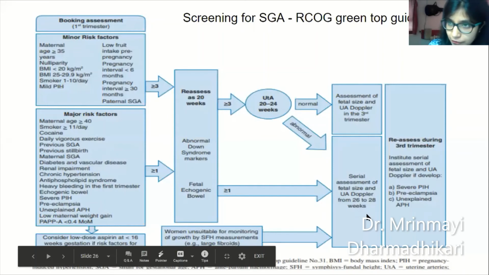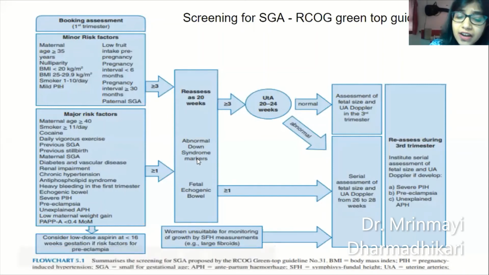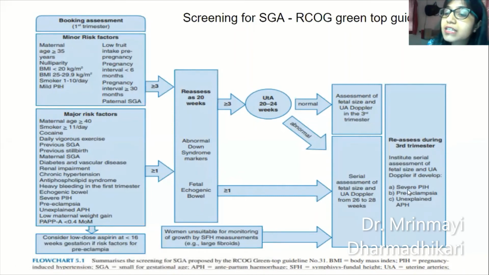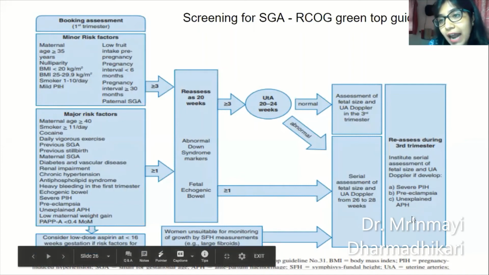Other risk factors include abnormal Down syndrome markers, that is the soft markers for Down syndrome, or fetal echogenic bowel. If these are also present, early surveillance should be started at 26 to 28 weeks. And then in the 3rd trimester, reassessment, especially in cases of severe PIH, preeclampsia, unexplained antepartum hemorrhage.